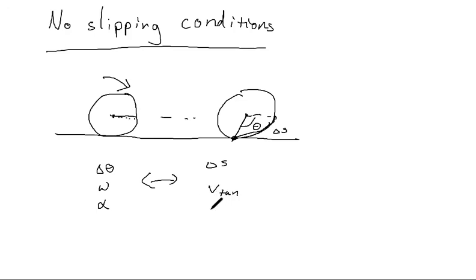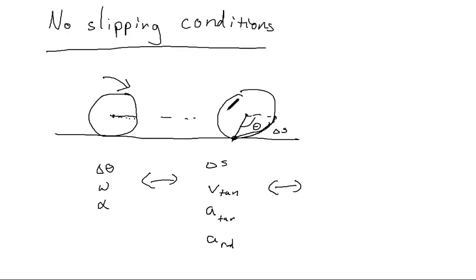We could also have an acceleration of that tangential point relative to the center of the wheel, and then a centripetal or radial acceleration. So that's all about the linear quantities relative to the central point.